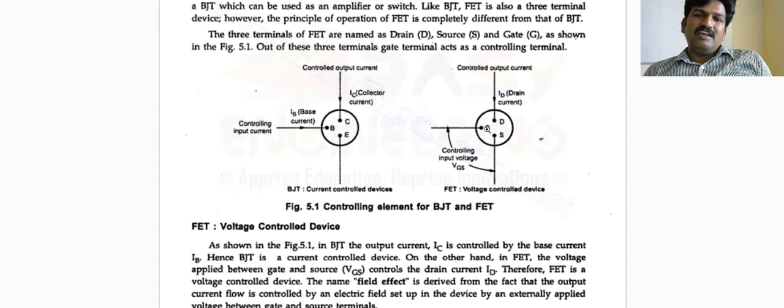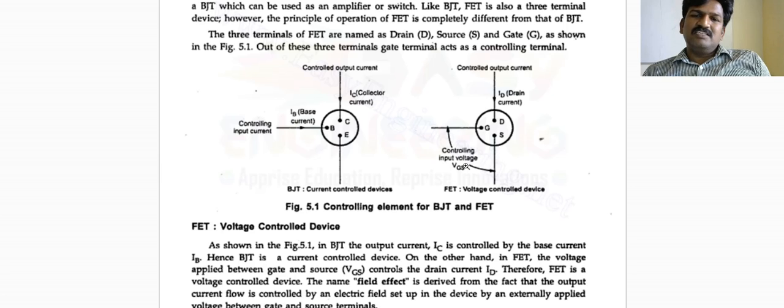You should understand the gate of the FET is similar to the base of the BJT, the drain of the FET is similar to the collector of the BJT, and the source of the FET is similar to the emitter of the BJT. Here, the voltage between the gate to source is called VGS.